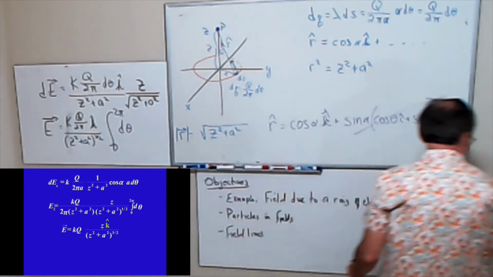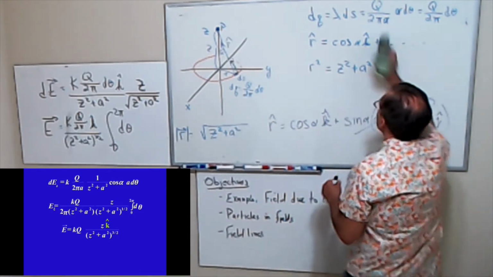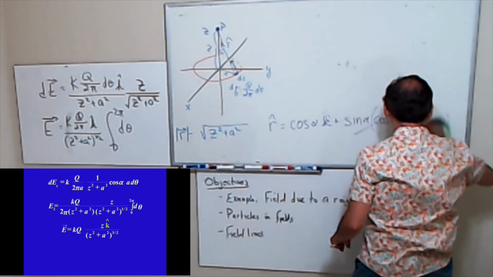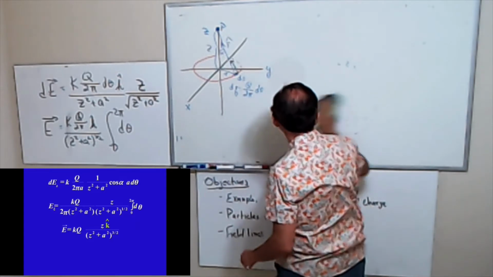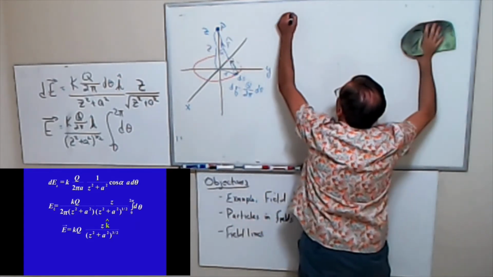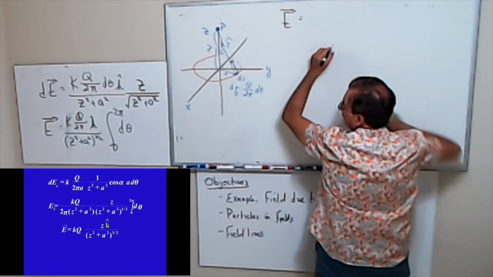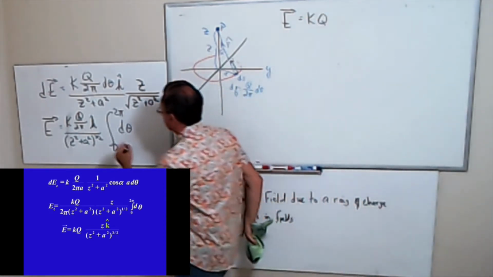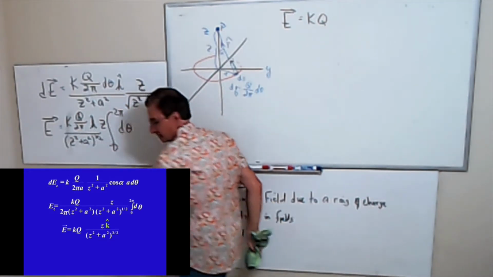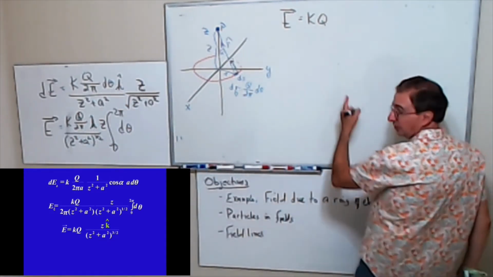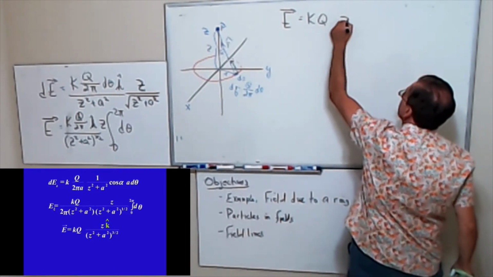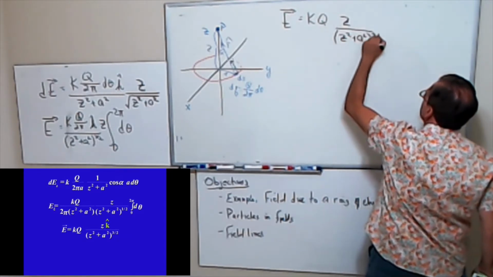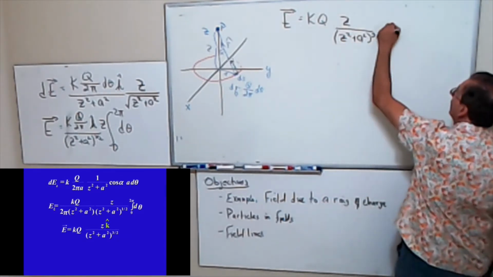And so my total field then is the following. And I forgot a z. Because we take q z over (z squared plus a squared) to the 3 halves in the z direction.